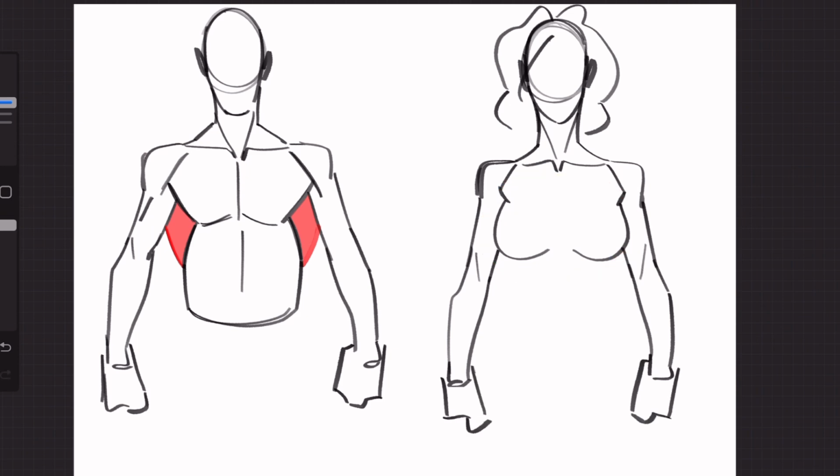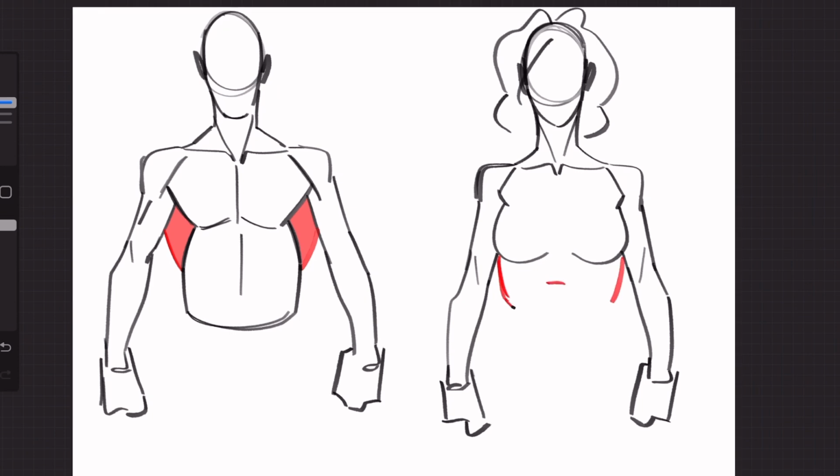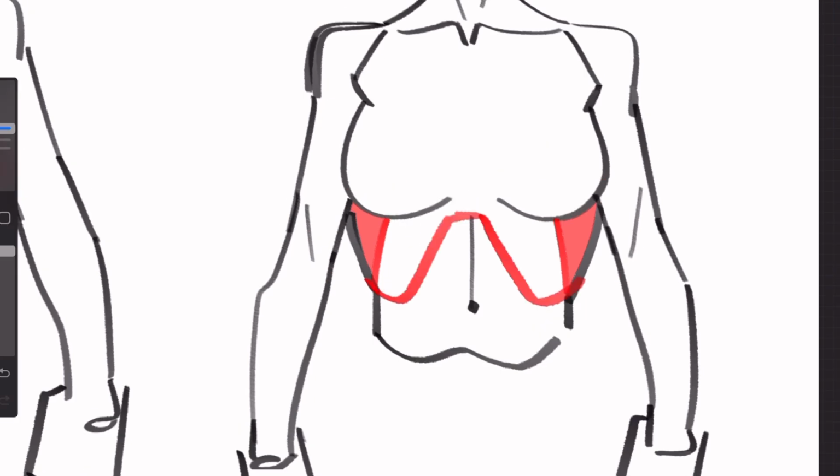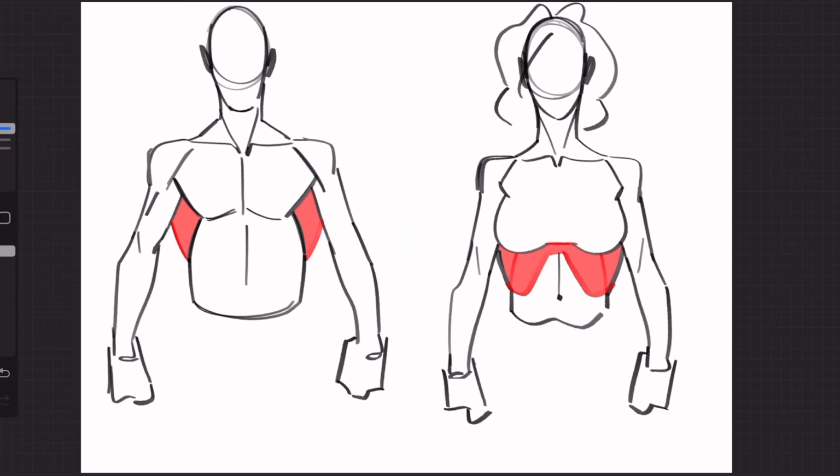And so I just like to imagine that I'm drawing the contour of the rib cage on a woman and place this section for the external oblique / lat on top of that shape. So normally this would be the external oblique / lat area, but it's still pretty much the rib cage that I'm describing there whenever I'm drawing a woman.